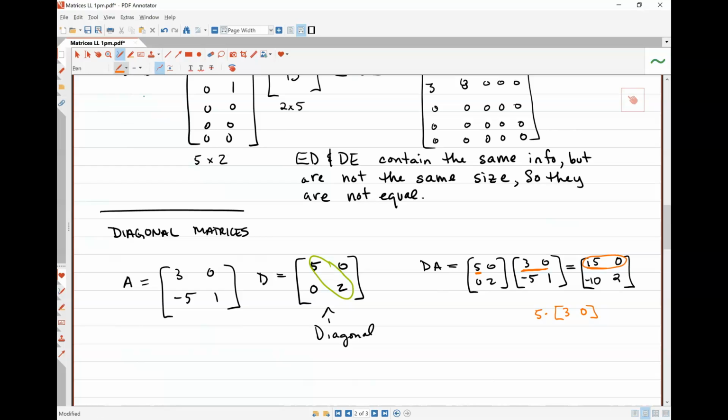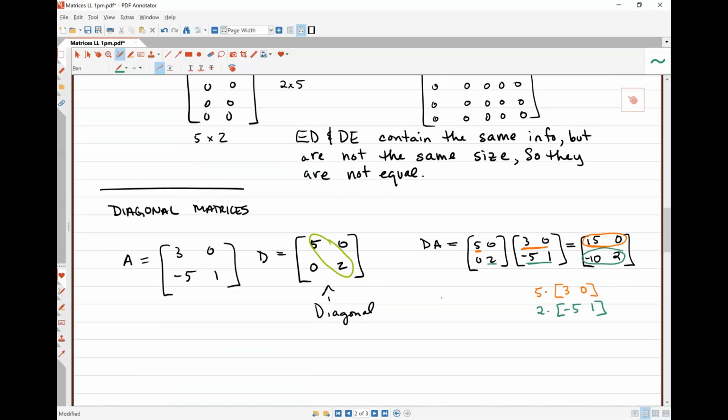And this one is just 2 times the entries in here. So we're just taking that minus 5, 1 and doing a scalar multiplication by 2. If you think about the mechanics of the multiplication, you'll see that that's always going to be the case.